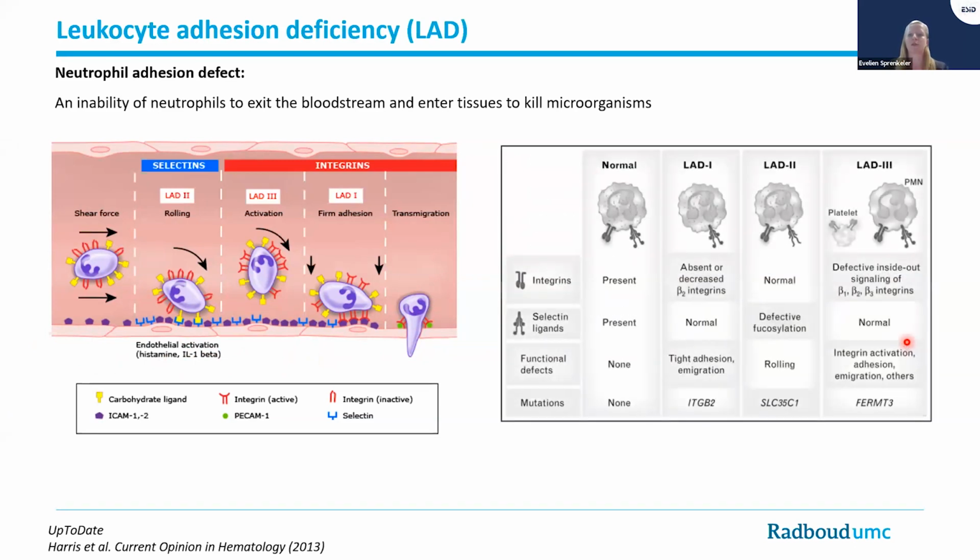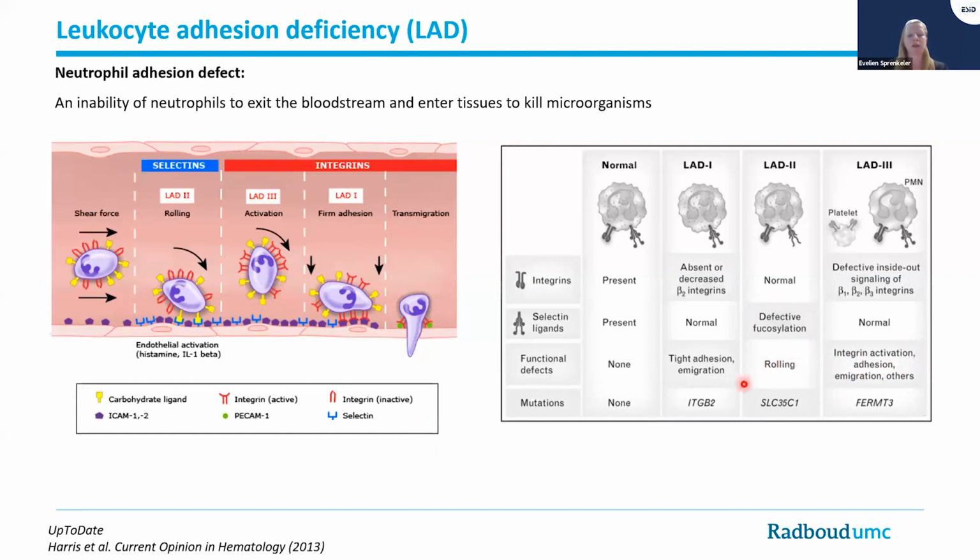So there are three types of LAD, LAD 1, 2, and 3. And in LAD 2, the neutrophils have a defect in rolling because they have a defective fucosylation of selectin ligands. And for leukocyte adhesion deficiency 1 and 3, there's a defect in beta-2 integrins.